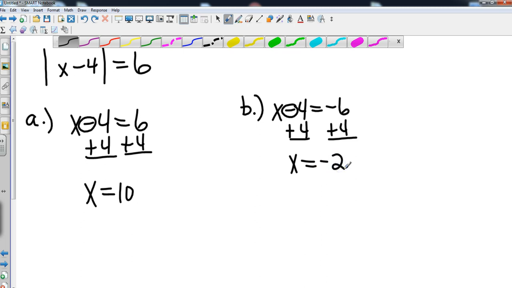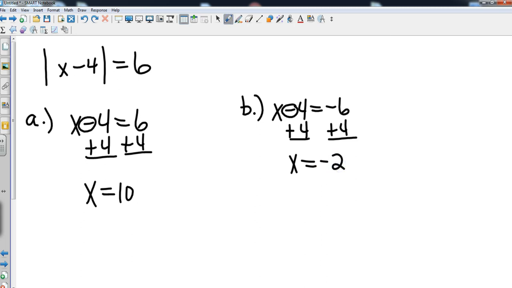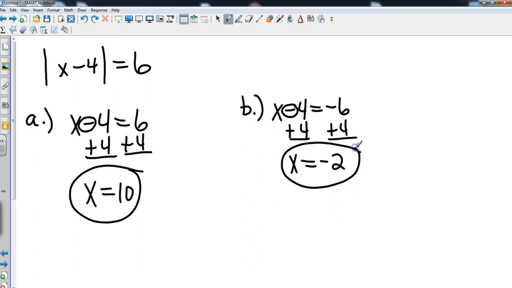Now we can check them real quick. If we plug back in 10, 10 minus 4 is 6. The absolute value of 6 is 6. That checks to be true. And then on our second one, letter B, -2 minus 4 is -6. And the absolute value of -6 is 6. So they both check out to be accurate.